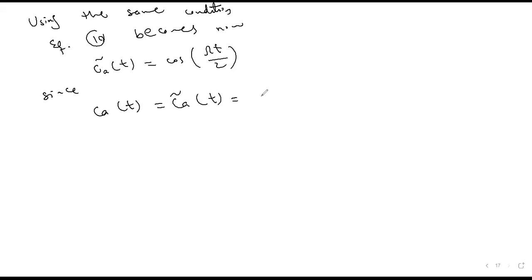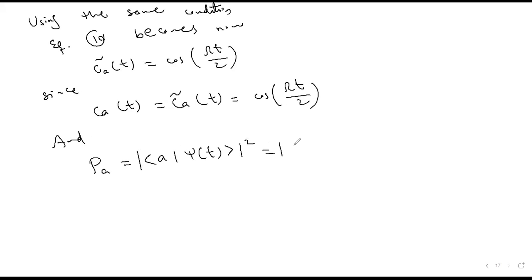This will just be equal to cos of omega t by 2, and the probability to find the atom in this state is cos square omega t by 2.